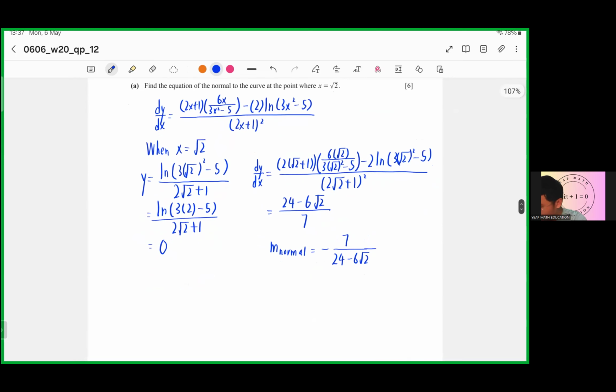Now we can write y minus y1 equals n bracket x minus x1. So y minus 0 equals negative 7 over 24 minus 6 sub 2, and then x minus sub 2.